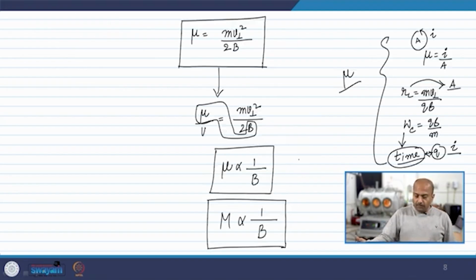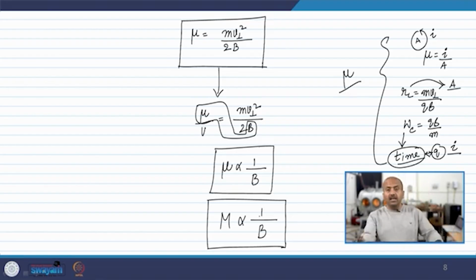But what you see here is that, since B is equal to mu H, you can realize that M is proportional to 1 by H. So, that means this proportionality is no longer valid; in plasma the magnetization is not directly proportional to the applied field strength, right.